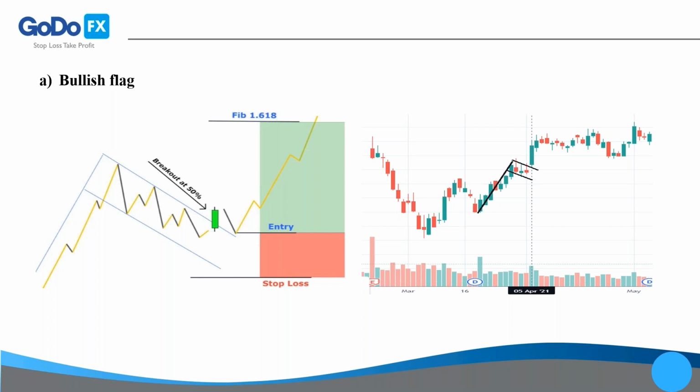As we said, the bullish flag is going to be after an uptrend, and after it we are going to have a price movement to the upward.